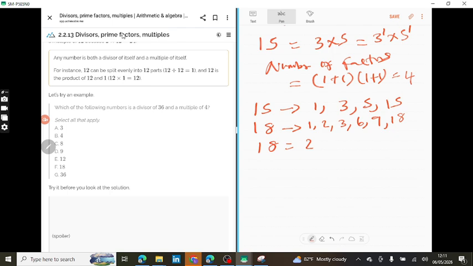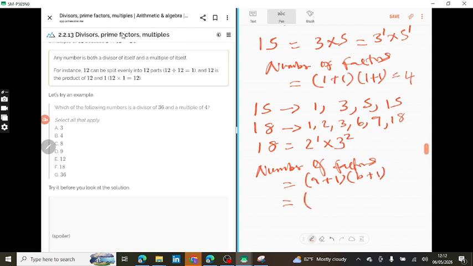Okay. 2 raised to the power 1 times what? 3 raised to the power 2. So if we go to number of factors now, A plus 1 into B plus 1.